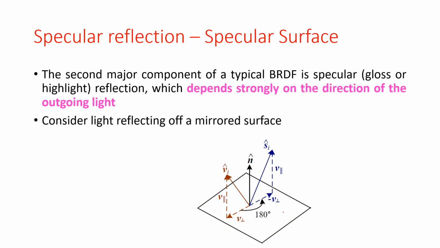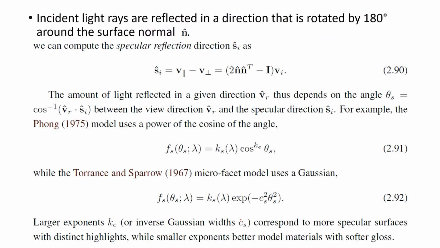Now, specular reflection. I have already explained this diagram. We are considering a mirrored surface. If the incident light falls on the mirror, it will be reflected in a direction parallel to each other. So we represent V parallel, and the bottom side is represented as V perpendicular. It is exactly the same as 90 degrees, so 90 plus 90 would become 180 degrees.